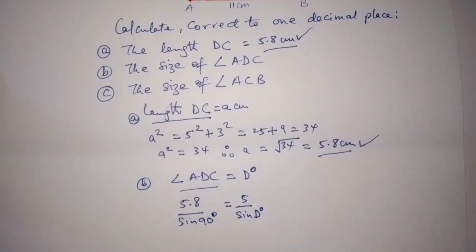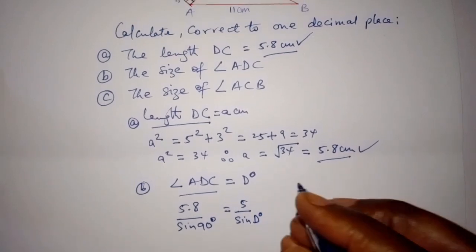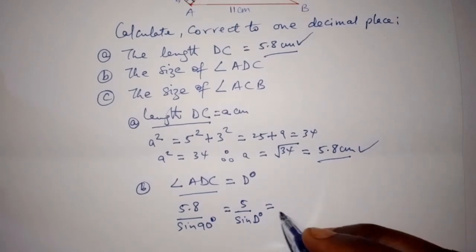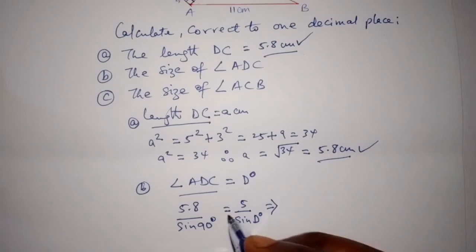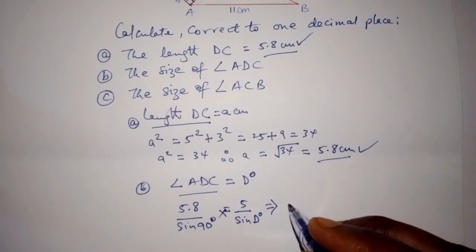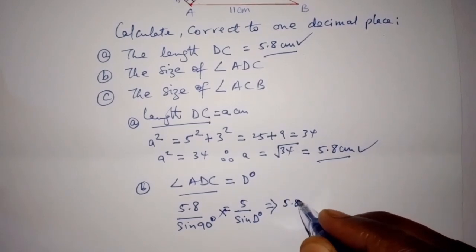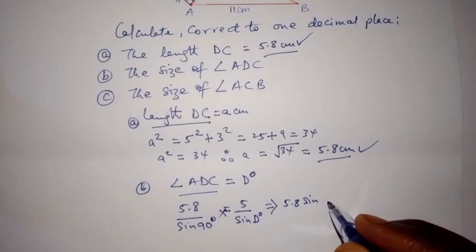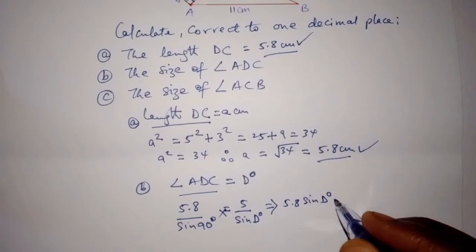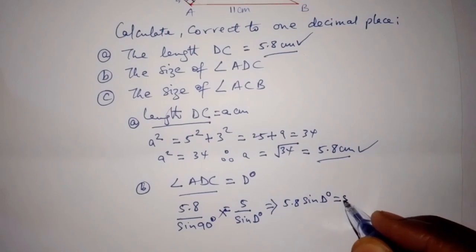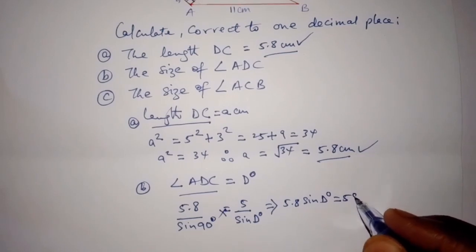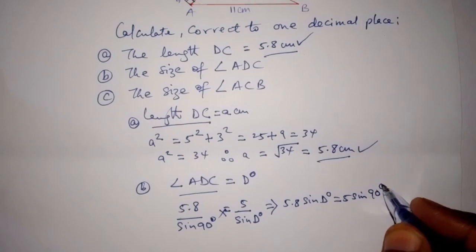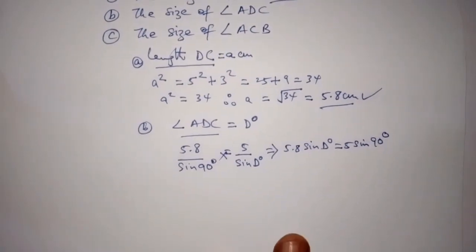So we are applying the sine rule, and we cross multiply. You can say that 5.8 times sine D degrees is equal to 5 times sine 90 degrees. We have cross multiplied.